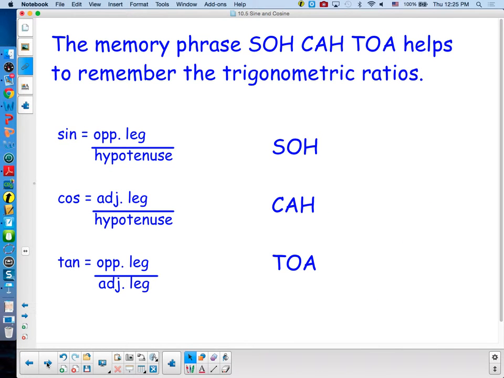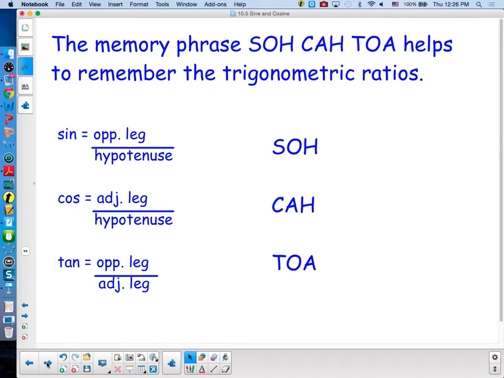Oh, little memory phrase. I had it written up from last period, but the little memory phrase, SOHCAHTOA, would be a way to remember yesterday and today what sine, cosine, and tangent are. So just write down SOHCAHTOA, and then let me explain what SOHCAHTOA is. It's kind of the key to the notes from yesterday and today. The SOH means sine is opposite over hypotenuse.